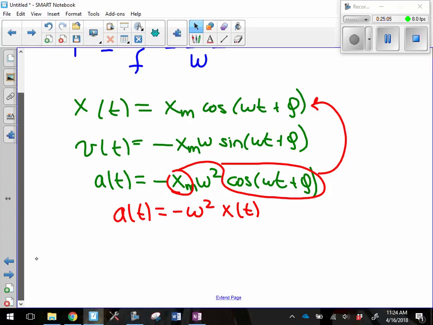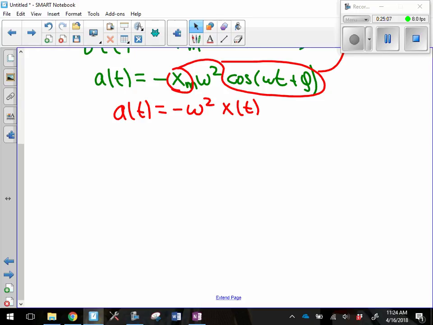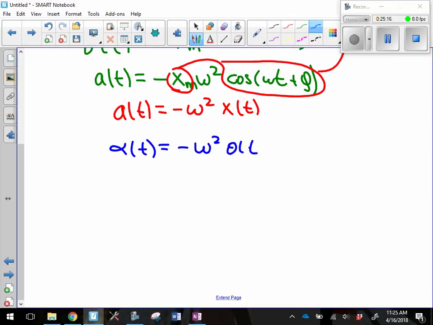I'm talking about stuff that's moving through angles. So I probably want to write this as alpha of t is negative omega squared theta of t. So maybe if I find alpha, I can find omega.